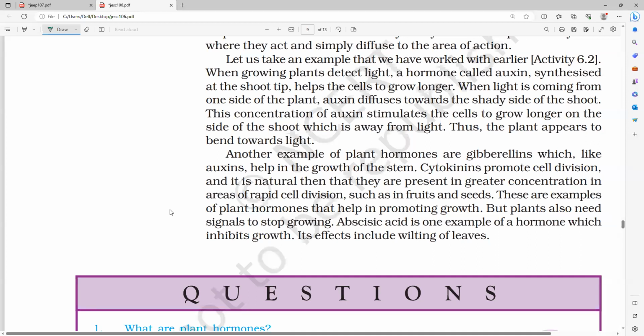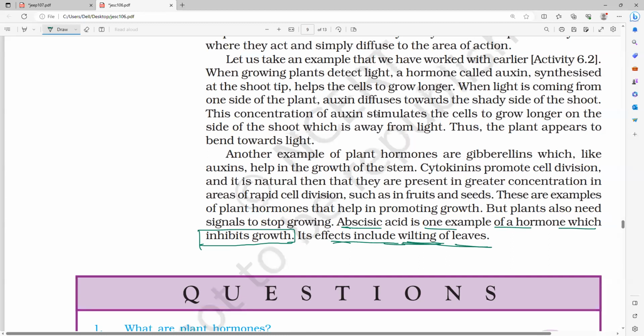Abscisic acid is one of the examples of hormone which, what is that, everybody? Direct word, you can see that. Inhibits the growth, which means it regulates the growth. But the remaining three hormones promote the growth. I have given you the clear picture of things. It will affect wilting of leaves. What do you mean by wilting?